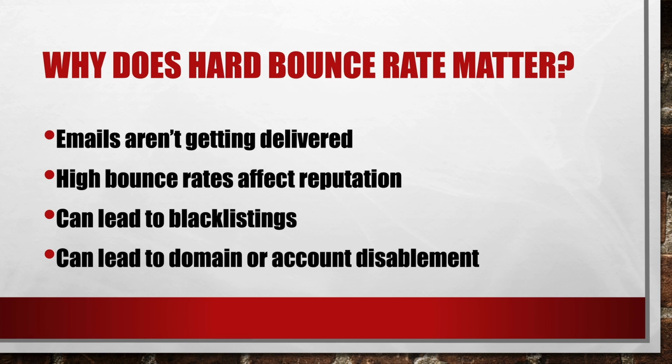So if you have a domain that you're using or a subdomain you're using and you're sending to a bunch of addresses and you're getting a high bounce rate, well, then eventually that domain inside of your SMTP is just going to get canceled. Like, nope, we're not going to send from that one anymore. It's been bad. It's going to have to go on a timeout, maybe permanently. Same thing with the account.